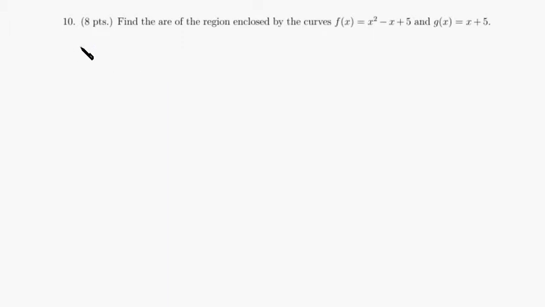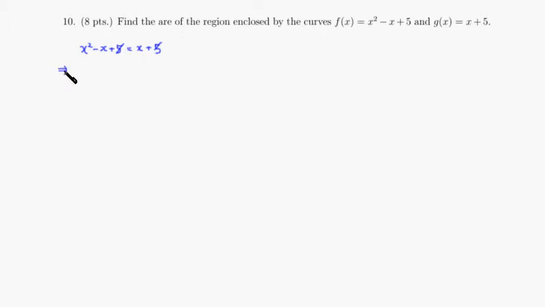So you have x squared minus x plus 5 is equal to x plus 5. So 5 is on both sides, so subtracting 5 from both sides, we can cancel those. And then I'm going to just put x on the other side by subtracting x.